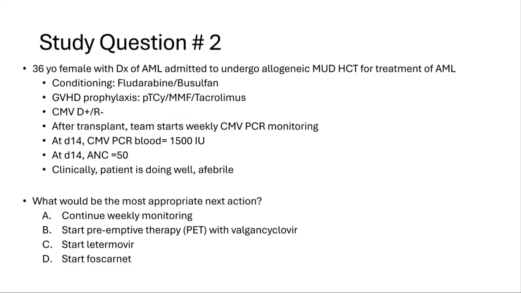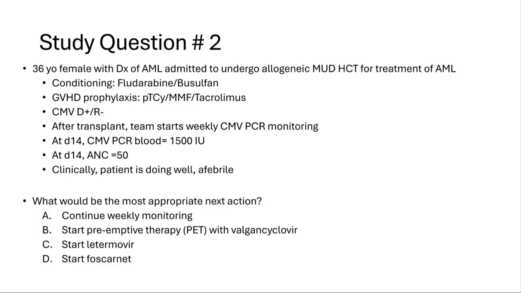All right, so we will move to study question number 2. So you have a 36-year-old female with a diagnosis of AML, admitted to undergo allogeneic matched related stem cell transplant for the treatment of AML. She's receiving your standard conditioning, fludarabine, busulfan, and for GVHD prophylaxis, as you can see, also standard with post-transplant cyclophosphamide, mycophenolate mofetil, tacrolimus.